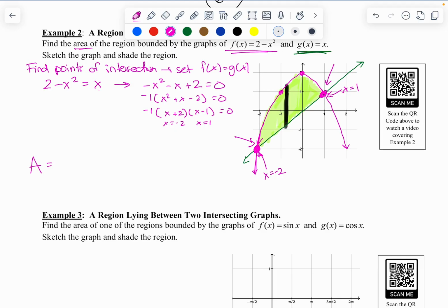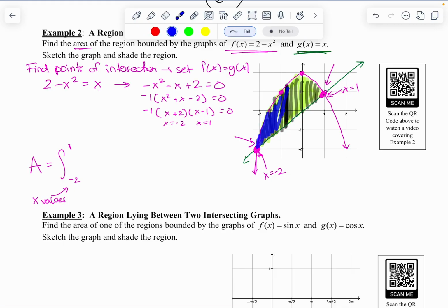So now the area is going to be the integral from -2 to 1. And you notice that these are x values, which is why we would be drawing, ideally, right? You've got to think of all of the rectangular slabs, the infinitely small slabs, going from -2 all the way to 1 on the x-axis.